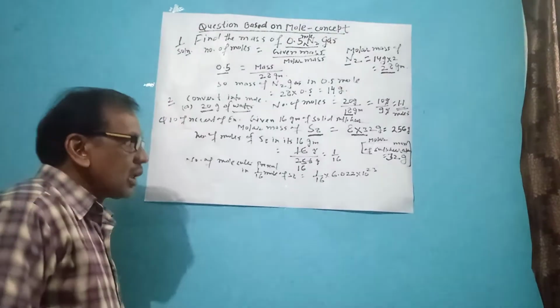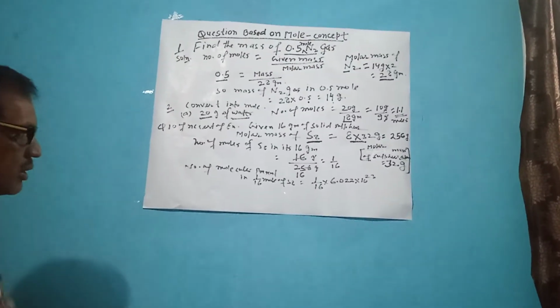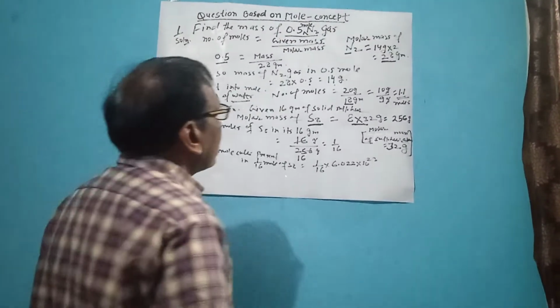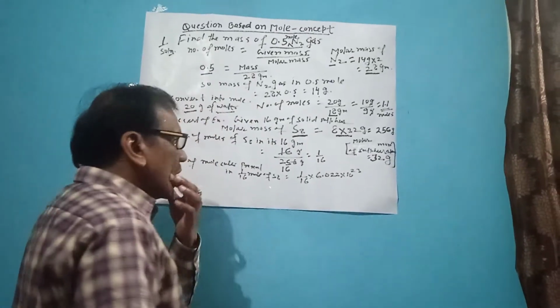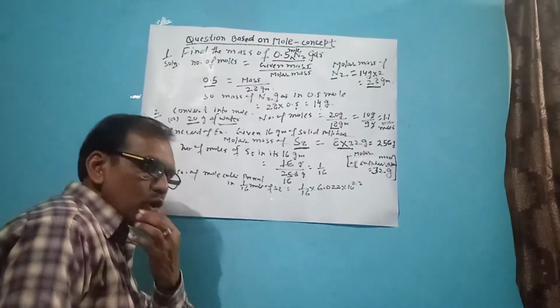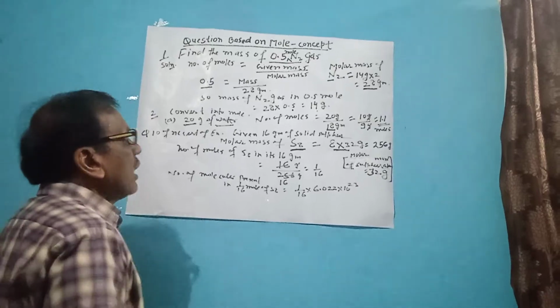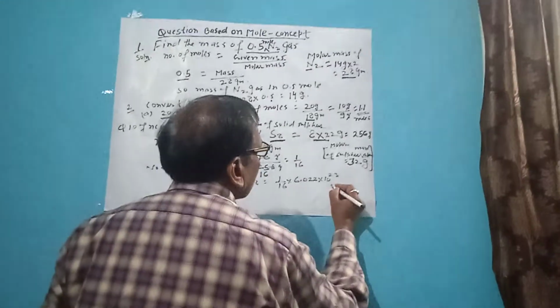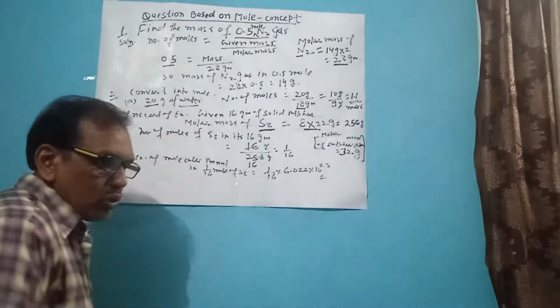Now we divide by 16 into 6.022 into 10 to the power 23, and we can obtain the value.